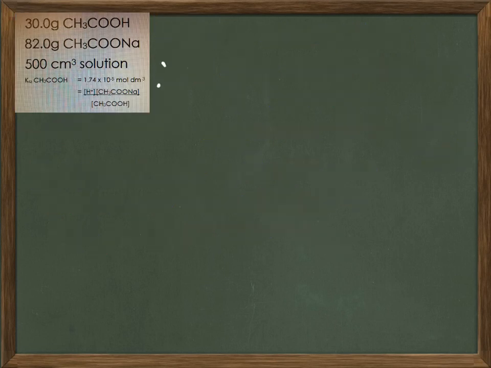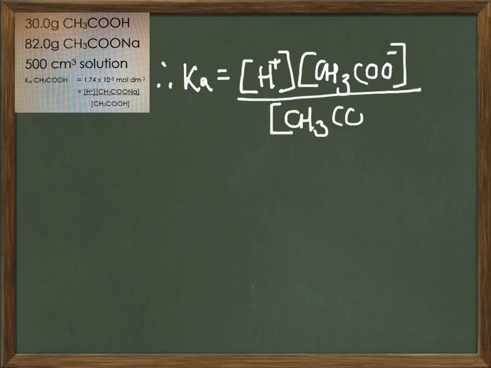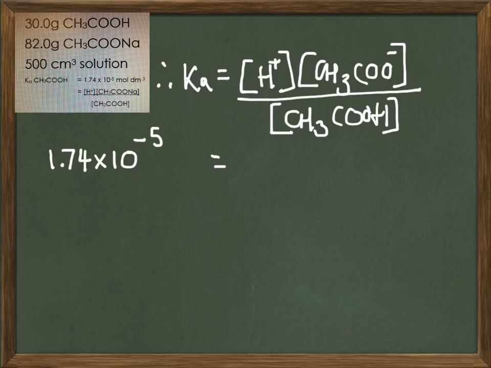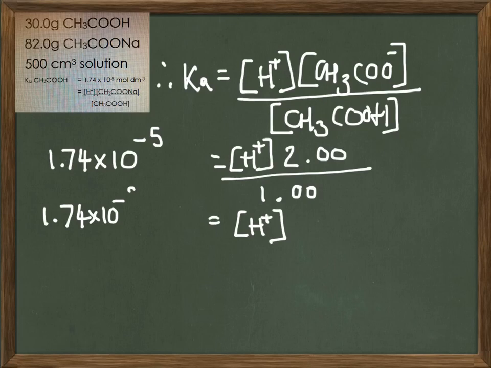Alright, so using those two assumptions, we can now get on and work out our H+ concentration, which is, after all, what we need to work out to derive the pH. So we can substitute into our Ka expression all the numbers that we know. We've got our Ka value, which we were told in the question, 1.74 times 10 to the minus 5 moles per decimetre cubed. We don't know our proton concentration. That's our unknown.